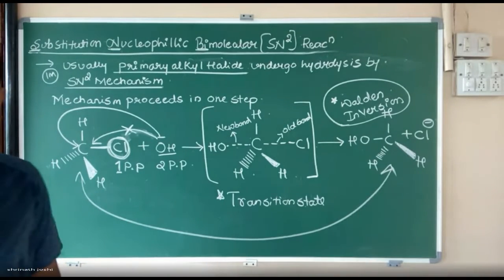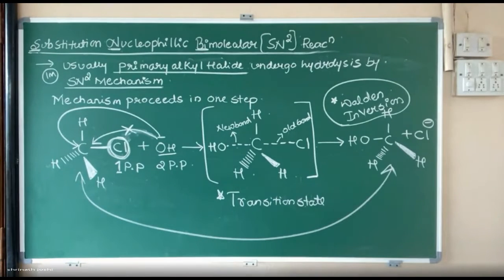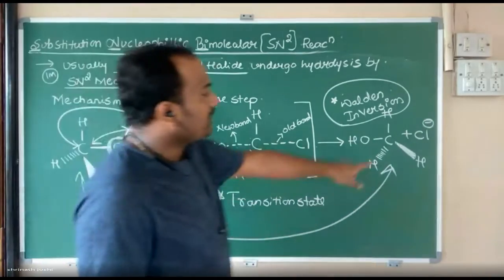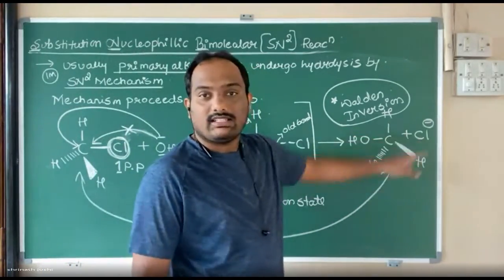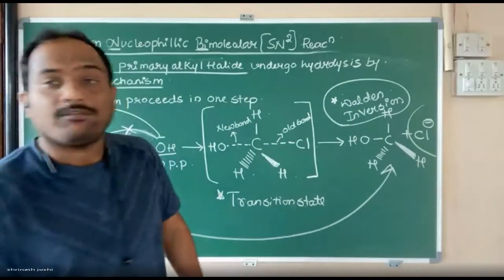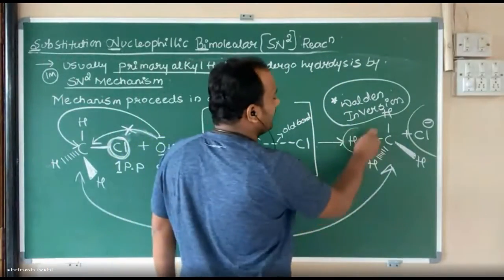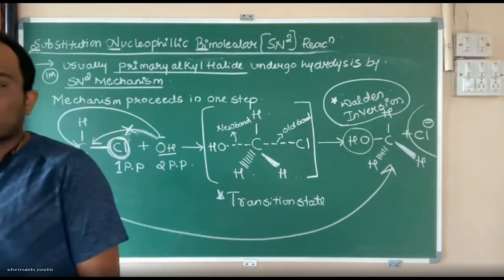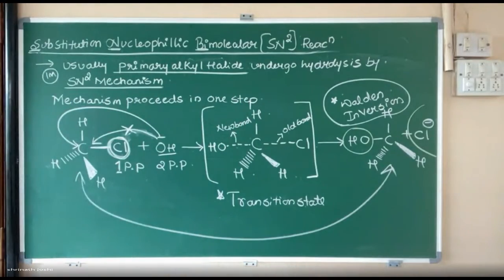Right side, sir. Now Cl is already gone in the product. Don't see the Cl because it is already lost. Now see the position of OH. OH is there on which side? Left side. Then is it inverted or not? Yes, sir.